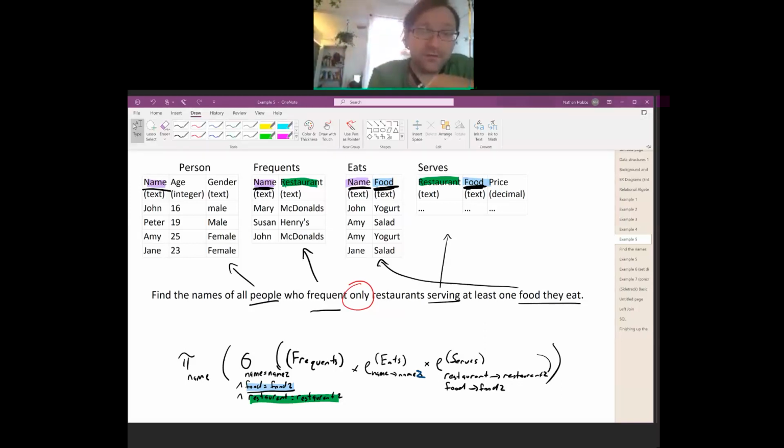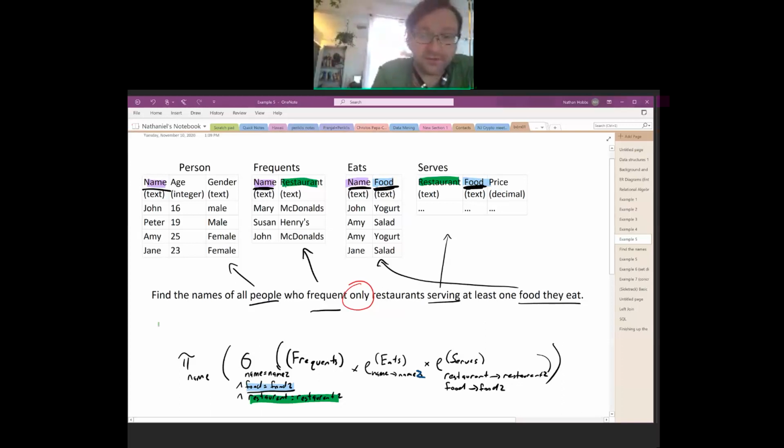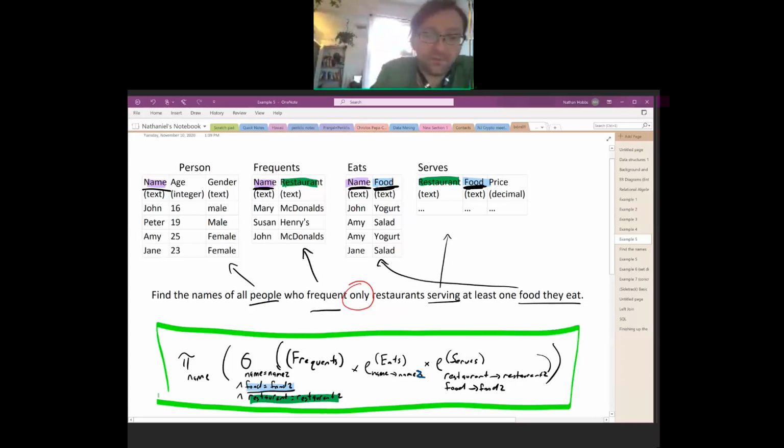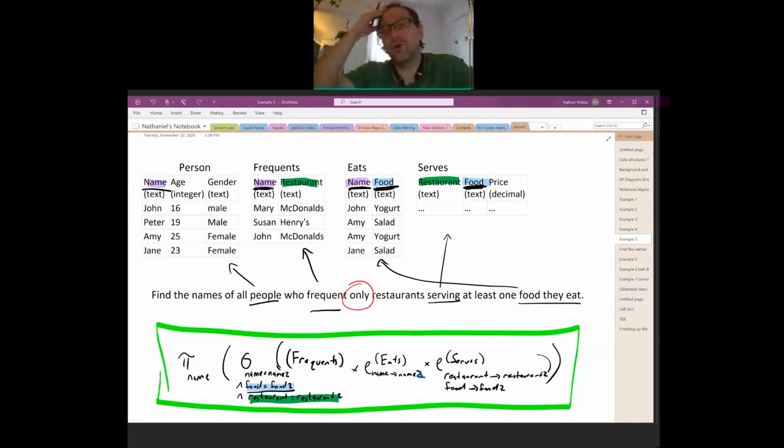What this query here is doing, this one, is going to return people who frequent restaurants that serve at least one food that they eat, not people who only frequent restaurants that serve things that they like.